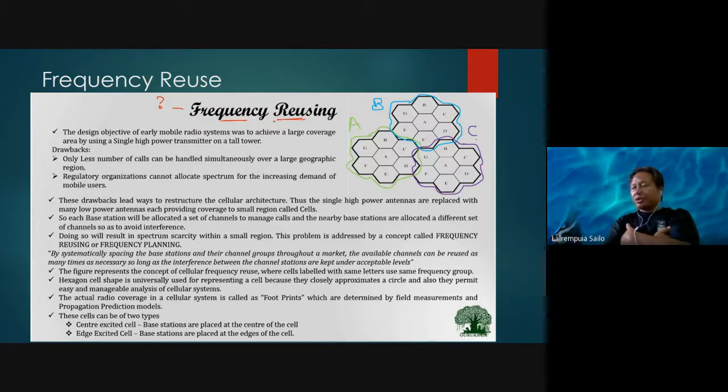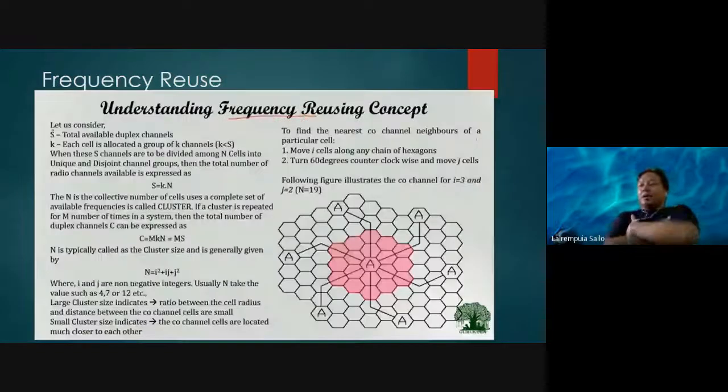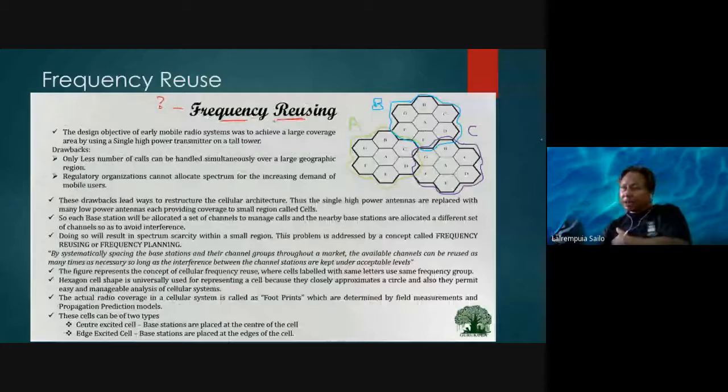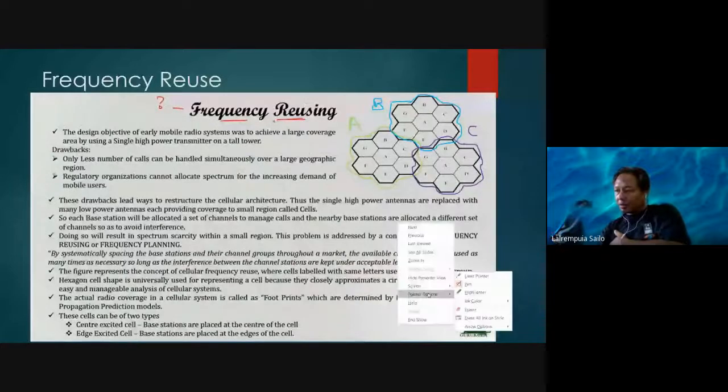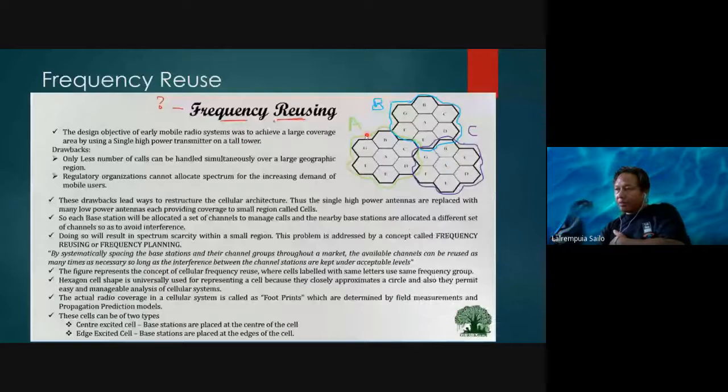So what is a cluster? The group of cells is called a cluster. If a cluster is repeated M times, here we have cluster A, cluster B, cluster C. Cluster B is a replica of cluster A, and A is a replica of B, the same thing.